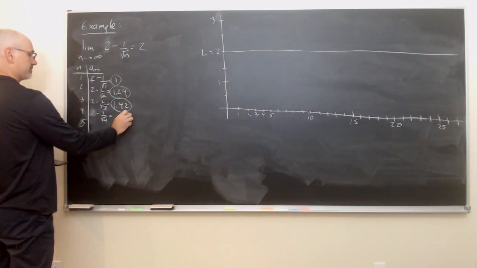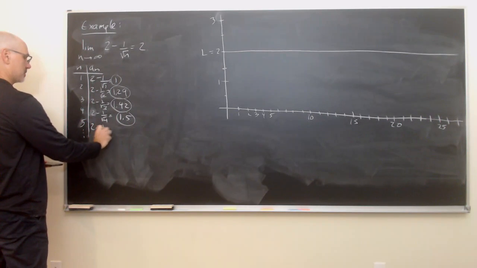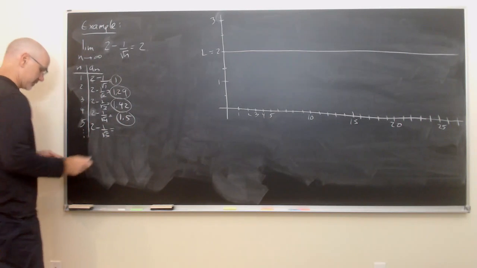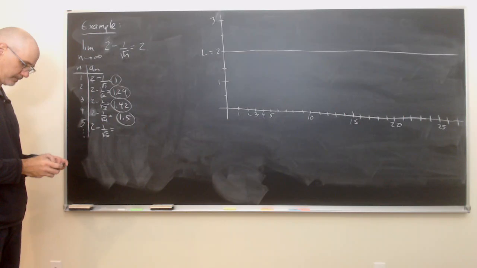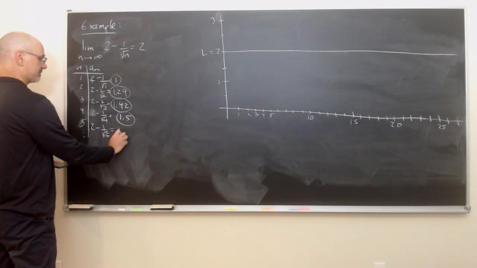That's 1.5. And then if n is 5, 2 minus 1 over square root 5. Well, let's see what that gives us. And that's about 1.55.